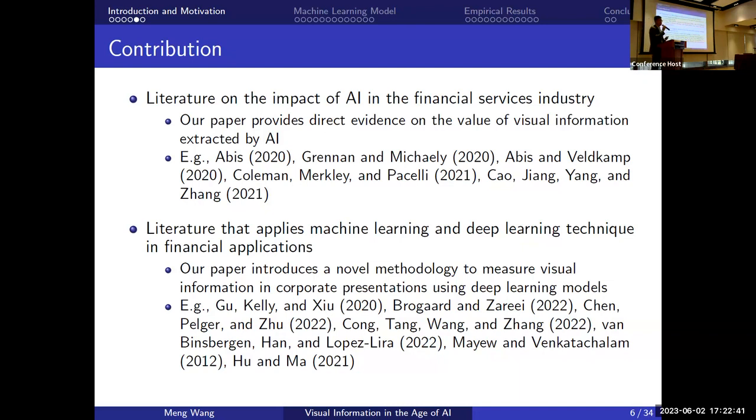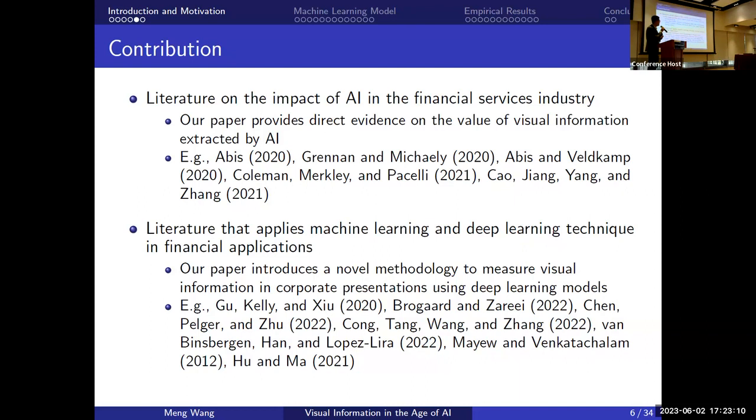We first contribute to the literature on the impact of AI in the financial service industry. By showing that one can use machine learning to extract valuable visual information from those slides, our paper provides direct evidence on the value of visual information extracted by AI. We also contribute to the literature that applies machine learning and deep learning techniques in financial applications.